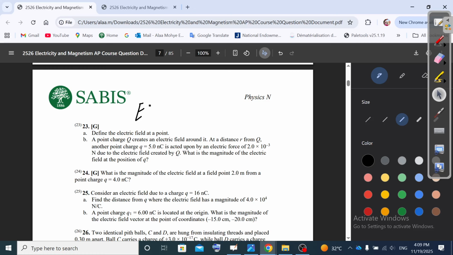So the electric field is your force per unit charge. That's just how it is. So what do we have? We have the force, we have the charge. So direct application is going to be 2.0 times 10 to the minus 3 over your Q naught, which is 5 times 10 to the minus 9, and be careful of your units, please.